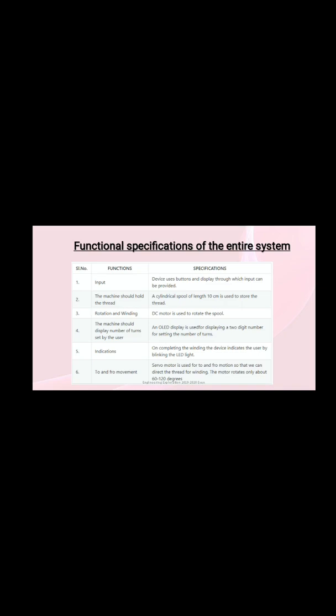Indications. On beginning and ending the process, the device indicates the user by blinking the LED light. To and fro movement. Servo motor is used for to and fro motion so that we can direct the thread for winding and obtain uniformly wound wool.